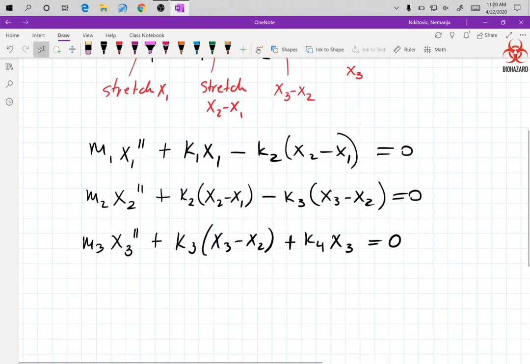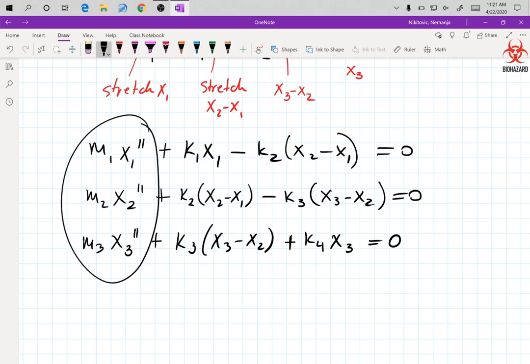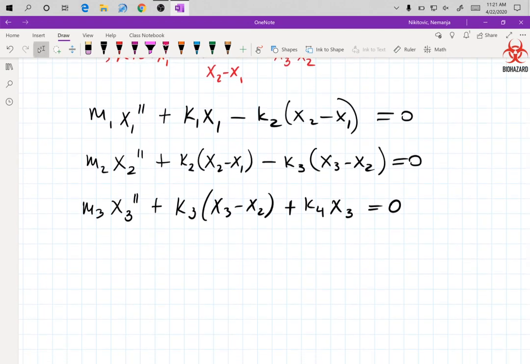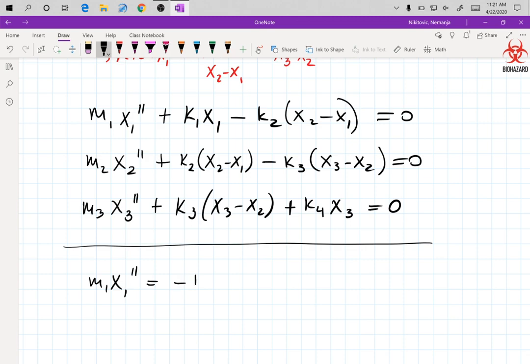We are almost there, because now I can solve for these and create my 3x3 system, right? I'm going to say m1 x1 double prime is going to be negative k1 x1 plus k2 times x2 minus x1.